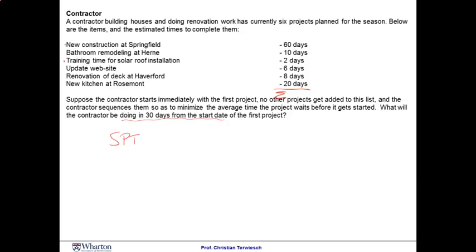So if he follows the shortest processing time rule, he will do this job first, this job second, third, fourth, fifth, and this one here is going to be last. And so now I know the sequence in which he's going to do the work. The first job is going to be over after 2 days.